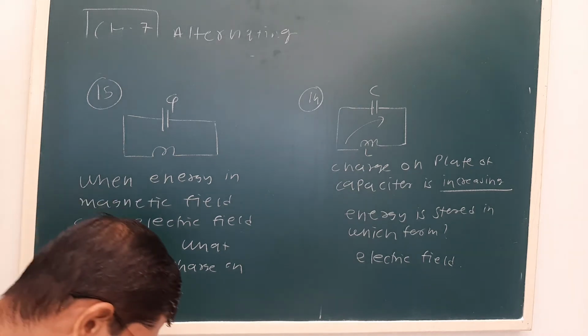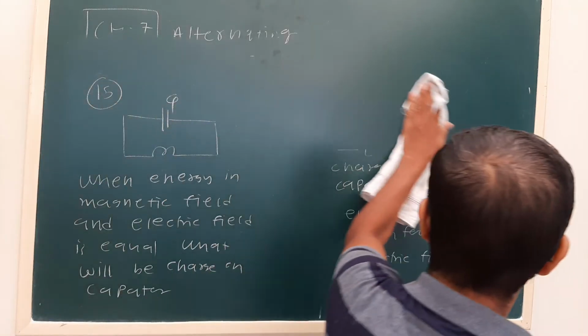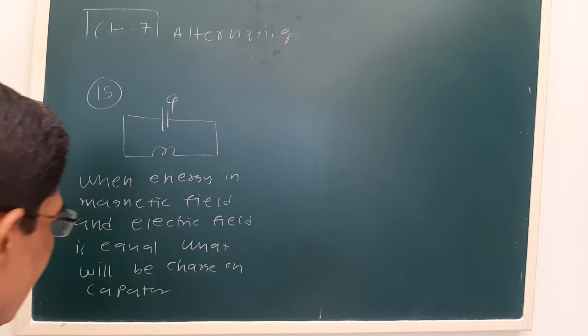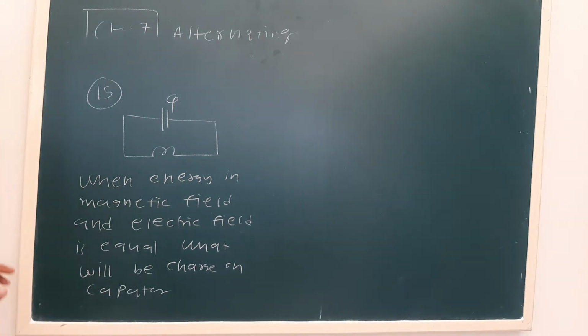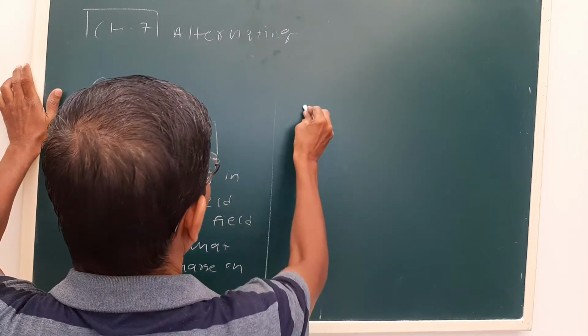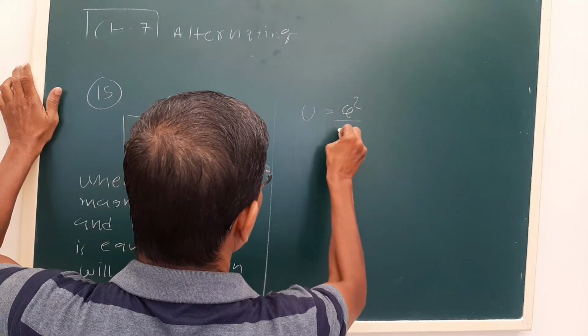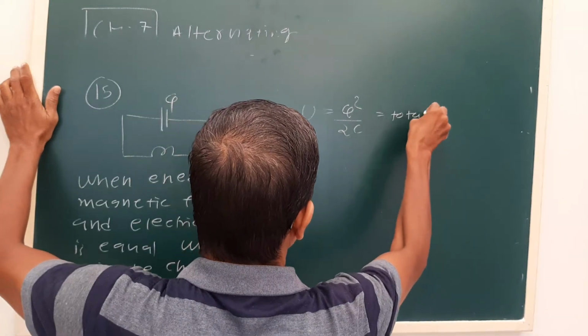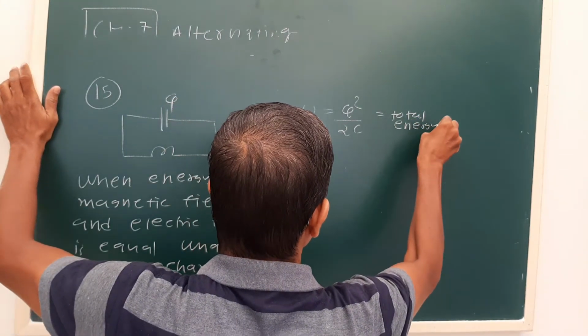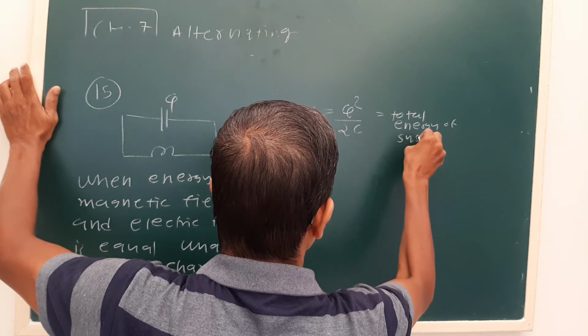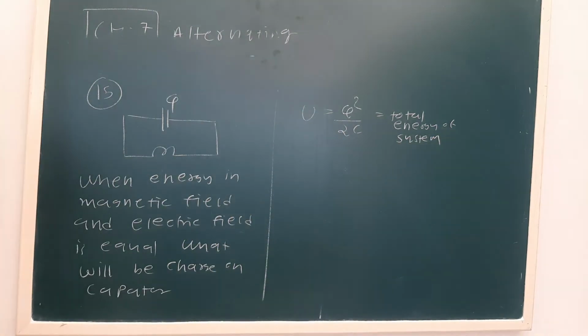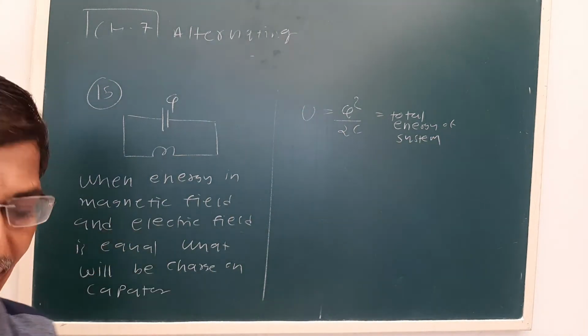Okay, now see the initial charge on the capacitor is Q. Okay, now U is equal to Q square by 2C, that is the total energy. Why? Because initially all the energy is in the form of electric field.